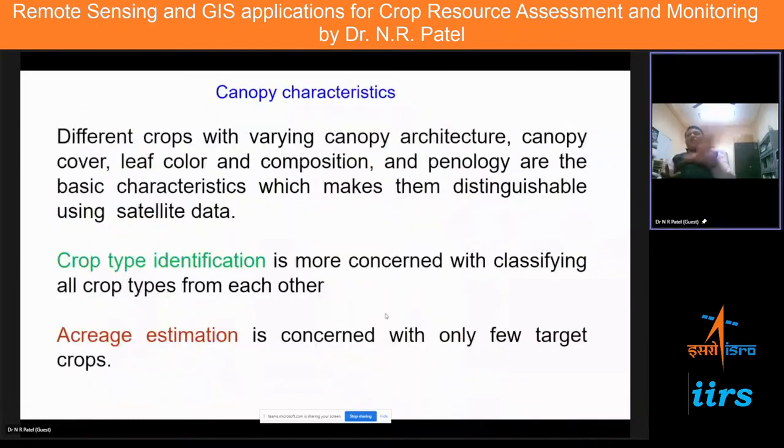Basically, crop type identification is concerned with classifying all crop types from each other. It is a very challenging task. Suppose it is in Gujarat or Maharashtra or some other region where there are more than 5 or 6 crops.